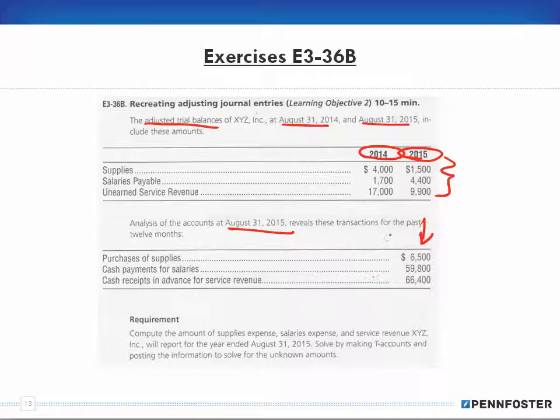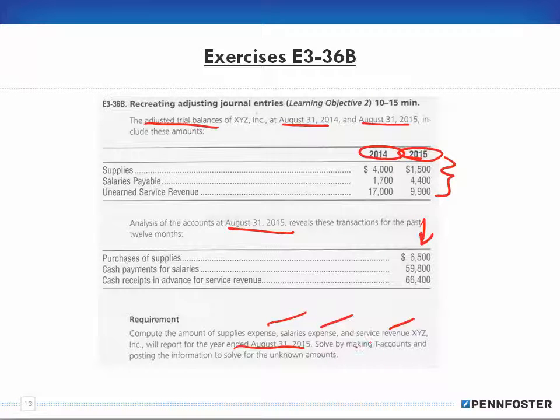Right. So this here is an adjusted trial balance, and these are transactions that occurred in the past 12 months. Purchase of supplies, cash payment of salaries, cash receipts in advance for service revenue. All right, it says compute the amount of supplies expense, salary expense, and service revenue we'll report for the year ended August 31st.